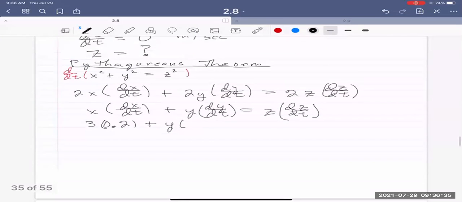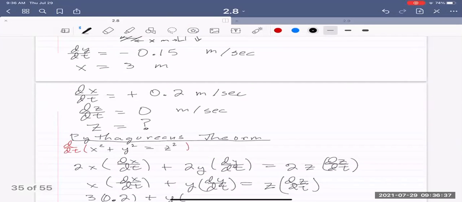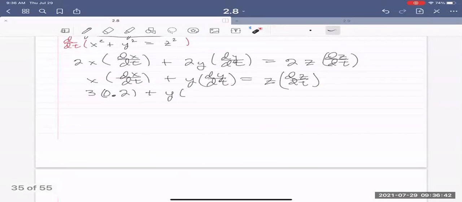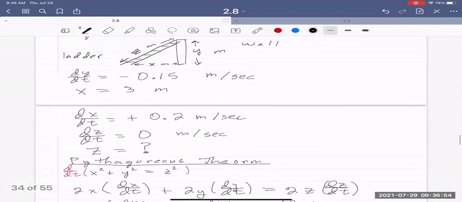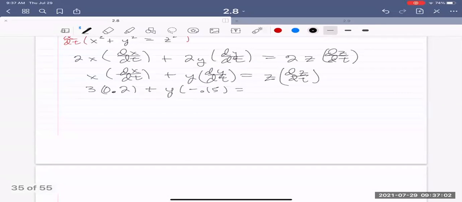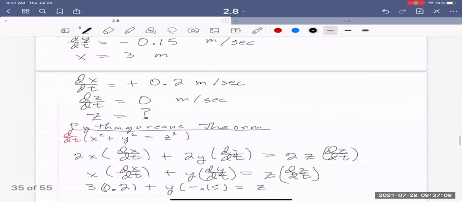Times dy/dt. dy/dt is negative 0.15. Equals z. Oh, I don't know z yet. Times dz/dt. Well, dz/dt is 0.